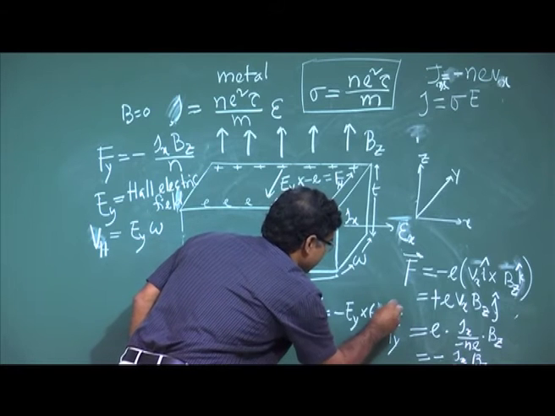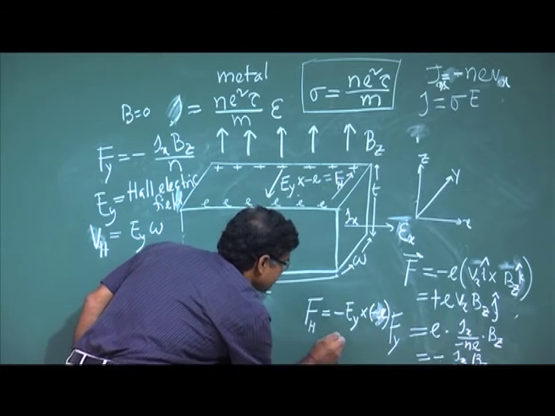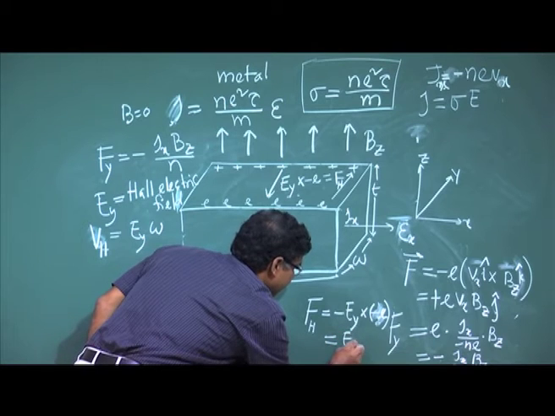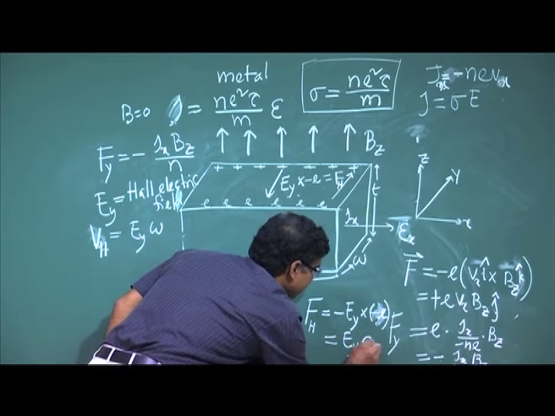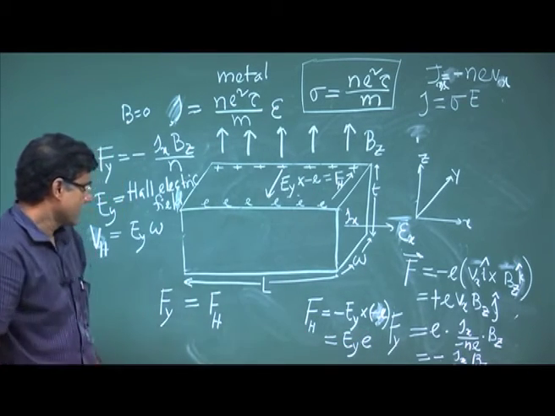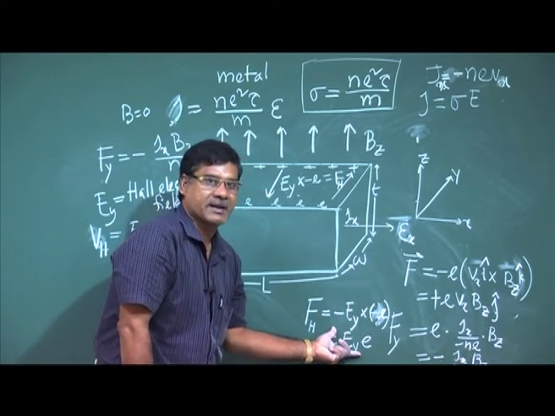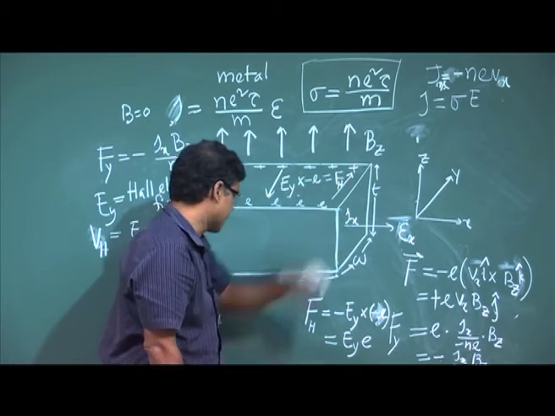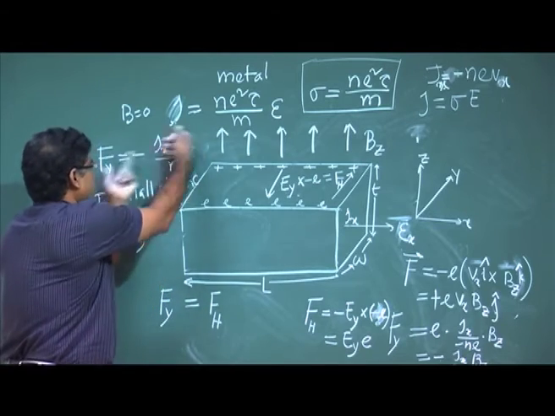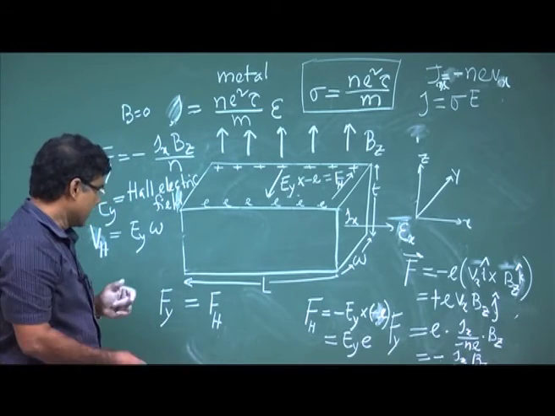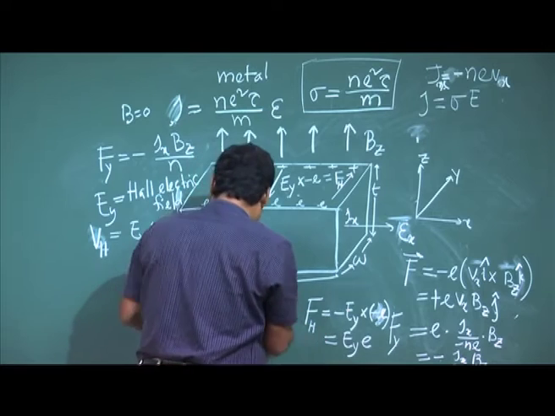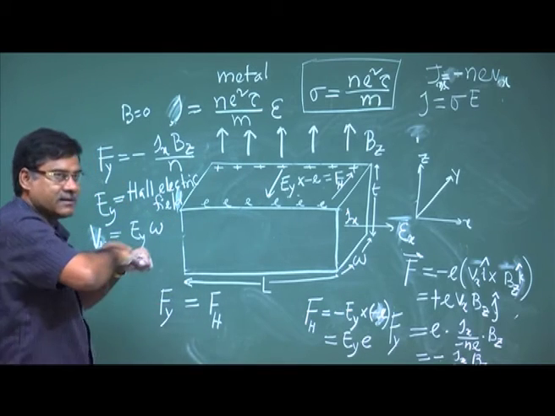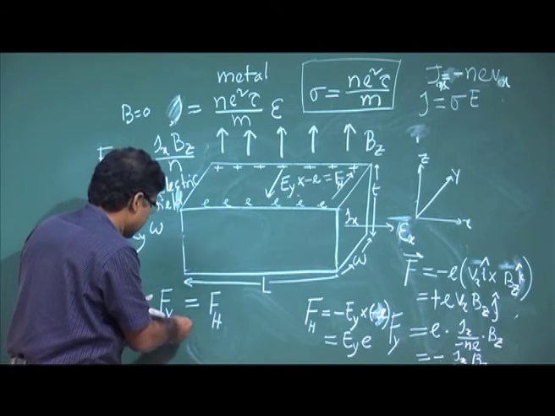So, this is basically E_y e. Now it is positive direction along the y direction. This is negative direction, negative y direction. So, they are equal in magnitude, in opposite direction, and they will balance each other.